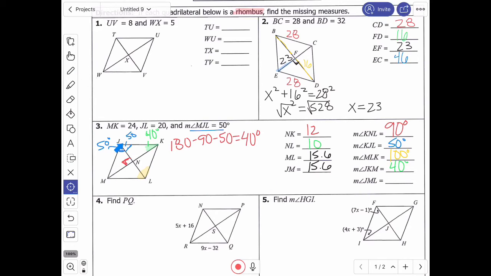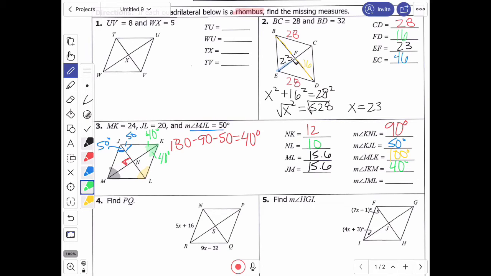So the next angle, JML. So JML would be the opposite angle. Let's make this one gray. Okay, and reminder that, again, I have this green angle over here. These two should be the same thing, so this green angle is also 40 degrees.